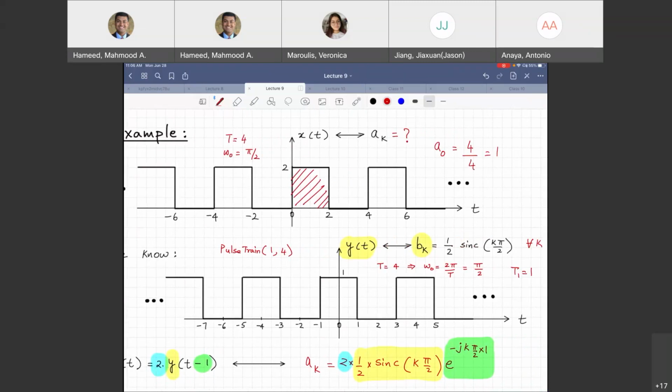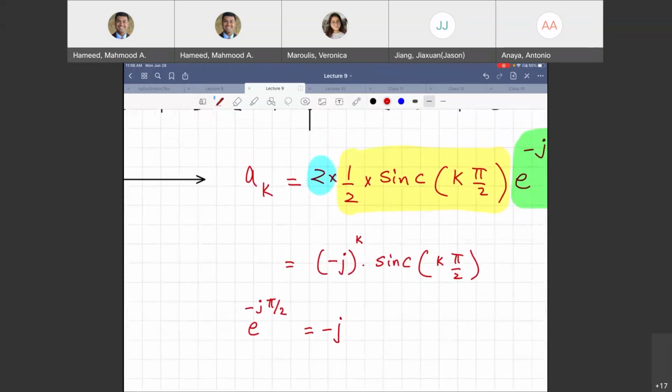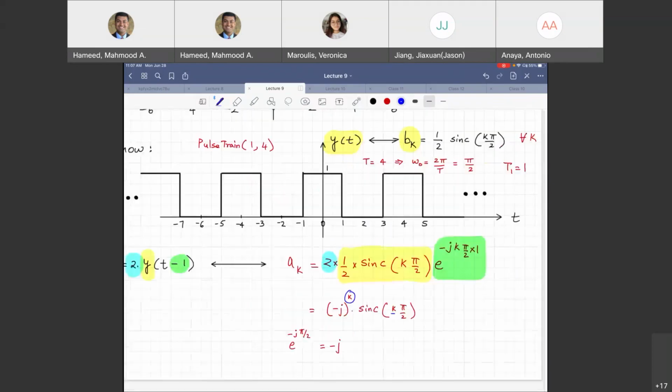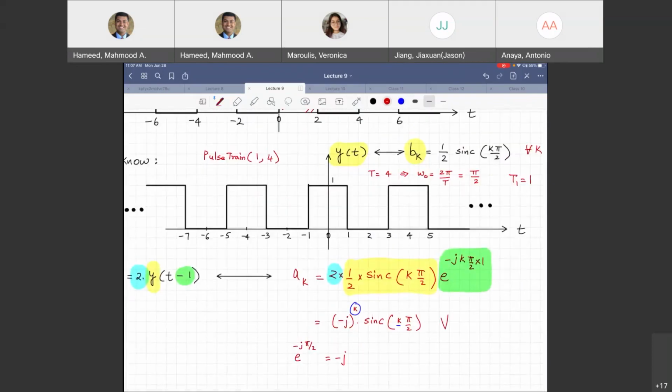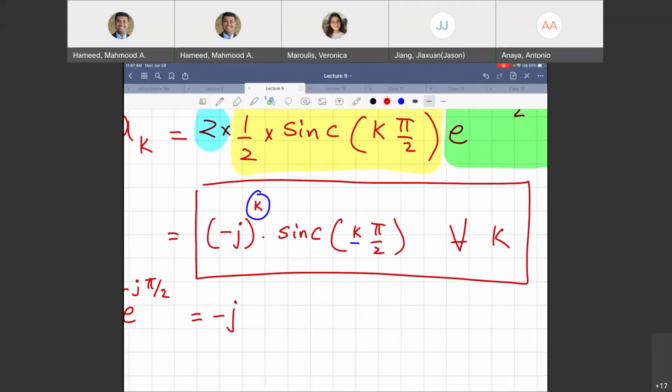So A sub 0 should have been 1. Is it included in this? If you plug in a 0 over here and here, you get a 1. Absolutely you do. So now you can say this applies for all k, because you checked that the 0 term also is included. If it wasn't, then you would have to write it in bracket notation. Questions about this? Let me just box this up. That's our answer.